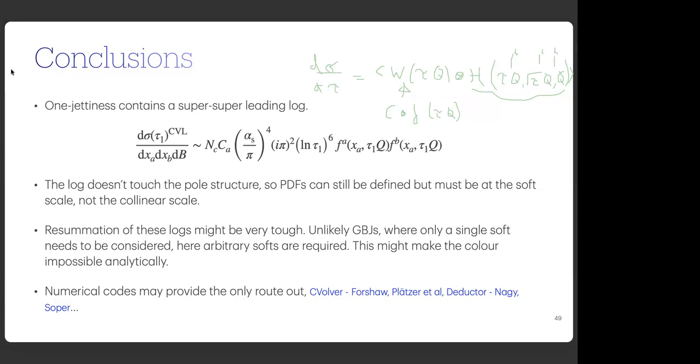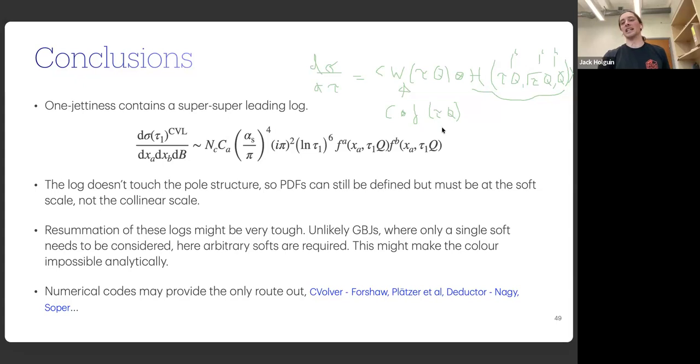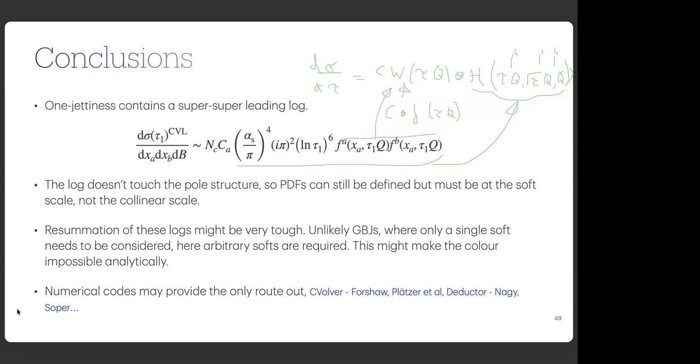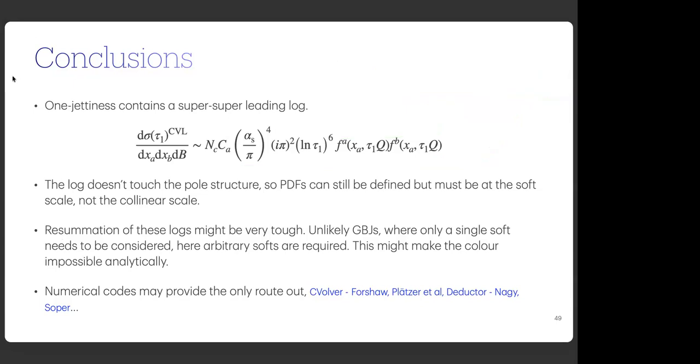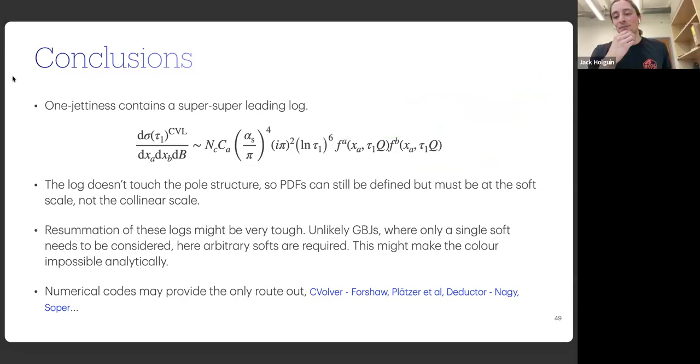And how you factorize H is entirely unknown, I would say, and it's in H that this logarithm should be sitting, where the PDFs here now should be sitting in the W at that low scale. Yeah, so it certainly looks to be more complicated.